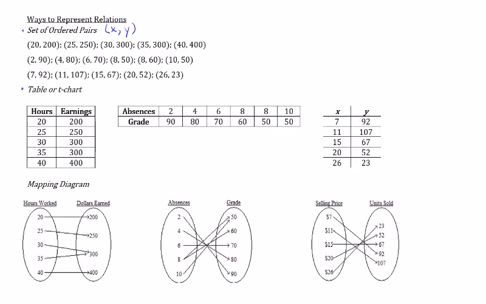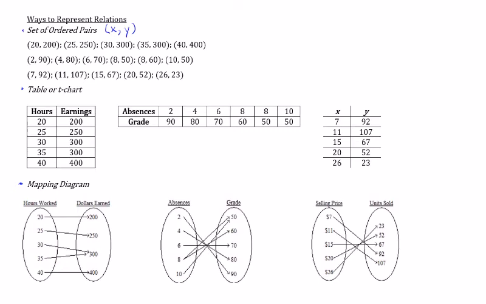So in a mapping diagram, you always list least to greatest on either side, and then the arrows correspond, and you'll get some crisscrossing effect, which tells you something about the relationship. We'll talk about direct and inverse at some point, but that's what it can point to. All right. So those are the ways you can represent relations.